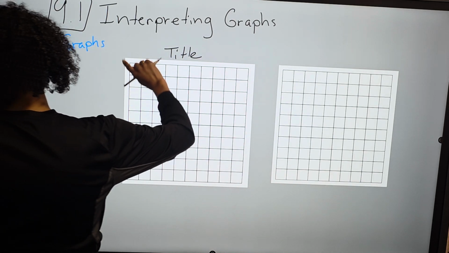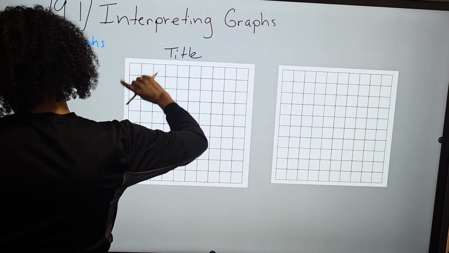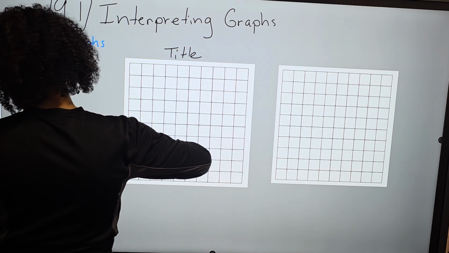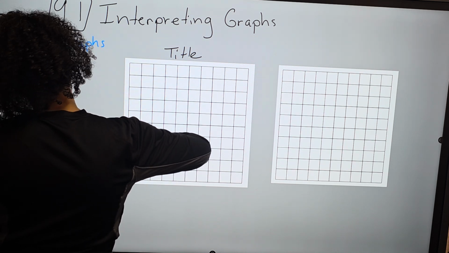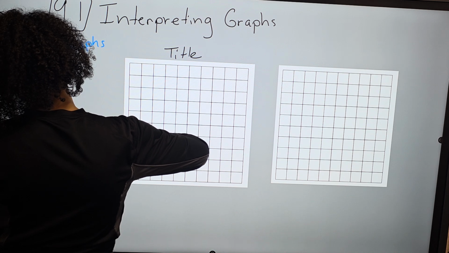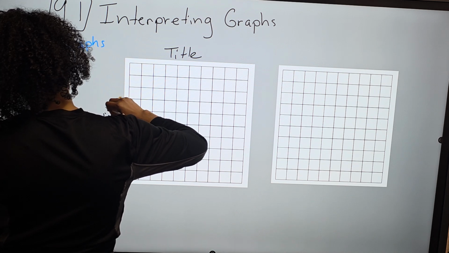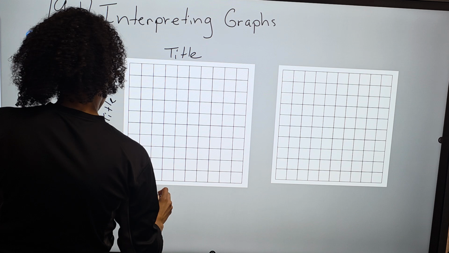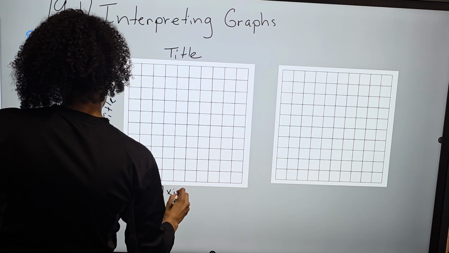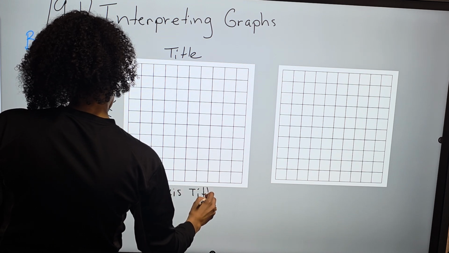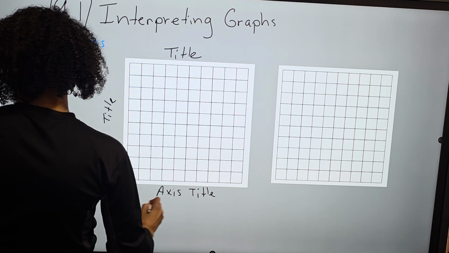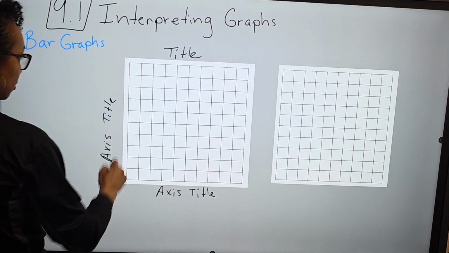So you'll have titles on the axes, okay? Or we also call these labels, but this book calls them an axis title. And it just tells us what is represented on each side, right?